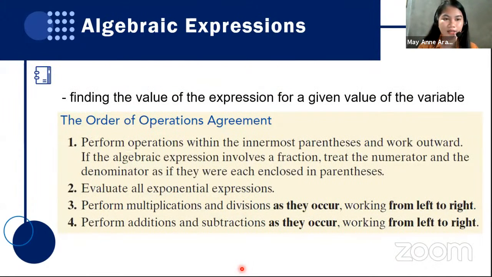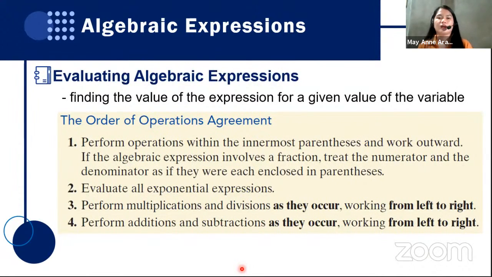Okay, after that, we have evaluating an algebraic expression. When we evaluate an algebraic expression, we find the value of the expression for a given value of the variable. Here, we also follow the order of operations agreement. We perform the operations within the innermost parentheses and work outward.